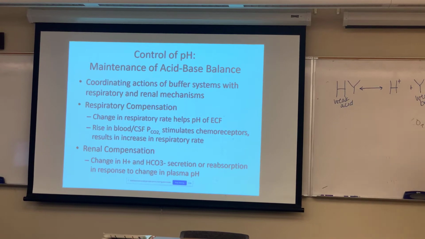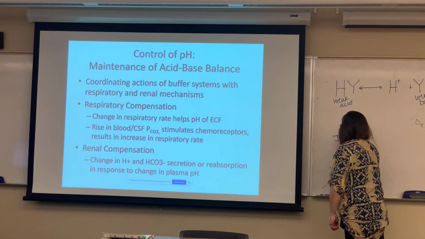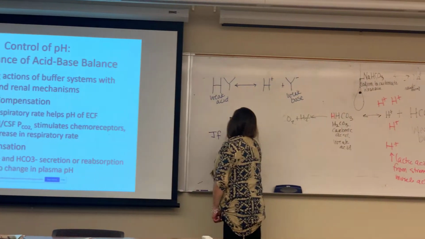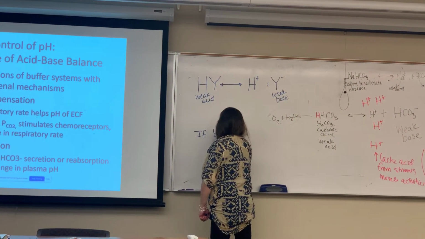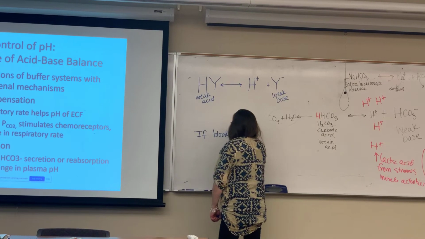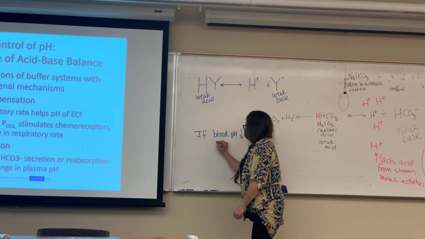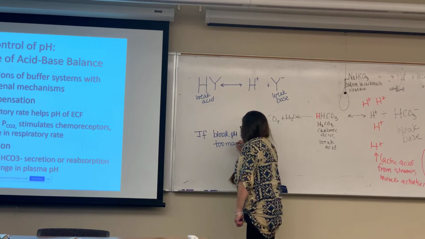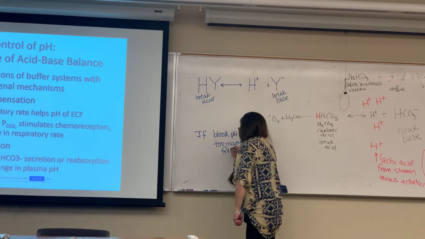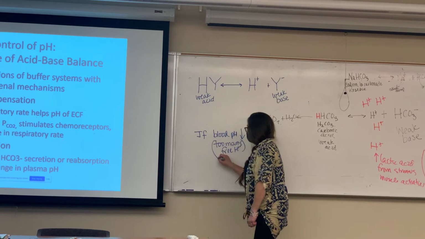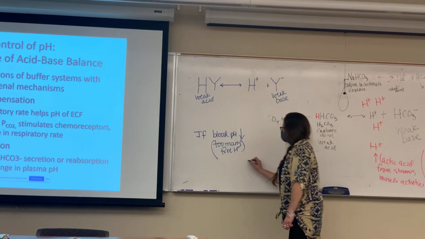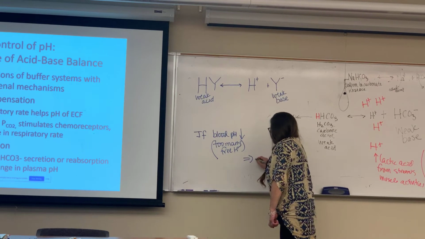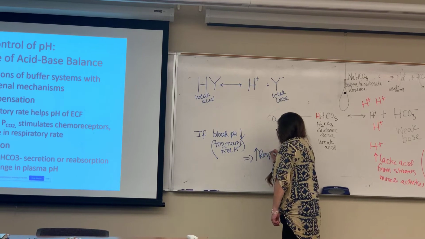Okay? So for example, let's say it like this, if our blood pH was too low, that means that we have too many free hydrogens floating around. And one way that we could try to fix this is we could trigger a respiratory reflex and increase our respiratory rate.